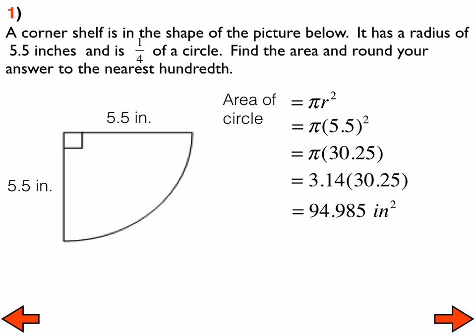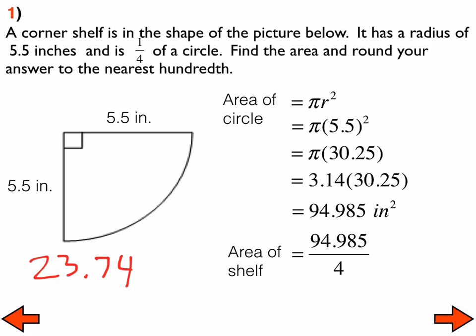From there, we have to take 1/4 of that because we have 1/4 of a circle. So one way of finding the 1/4 of that, I saw a few of you multiply by 0.25, which is fine. I'm just going to divide by 4 because that's the same thing. Multiplying by 0.25 and dividing by 4, same thing. Now at that point, you're going to get something like 23.74625.